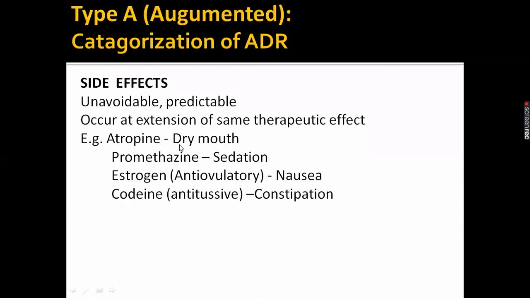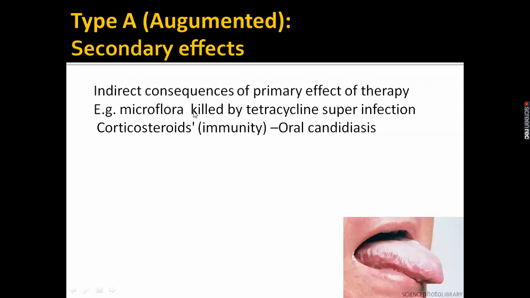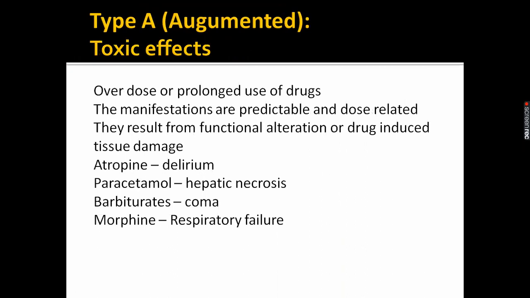So we have atropine which can cause dry mouth, promethazine causing sedation, estrogen causing nausea. Then indirect consequences of the primary therapy, that is immunosuppression, means we will get oral candidiasis or oral thrush.